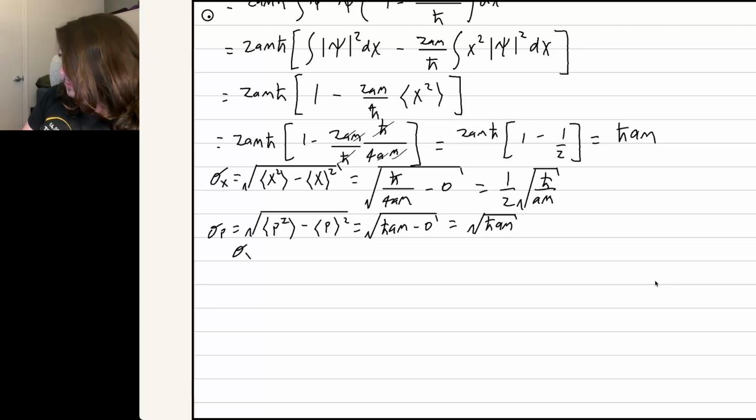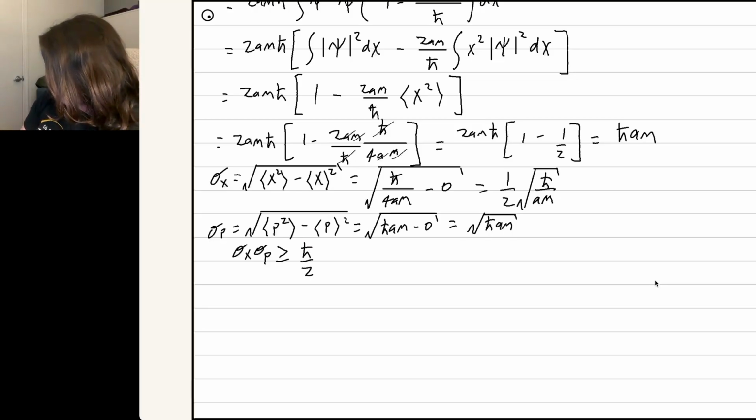The Heisenberg uncertainty principle states that the product of sigma x and sigma p has to be greater than or equal to h bar over 2. So multiplying these together, you'll get 1/2 square root of h bar over am times the square root of h bar am.